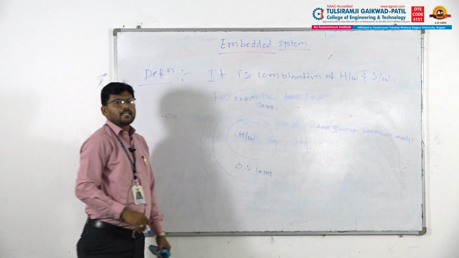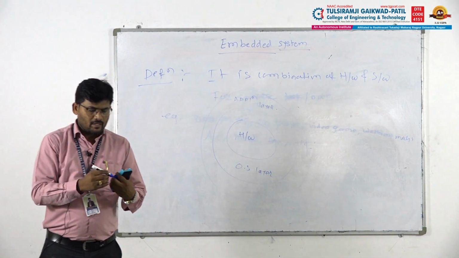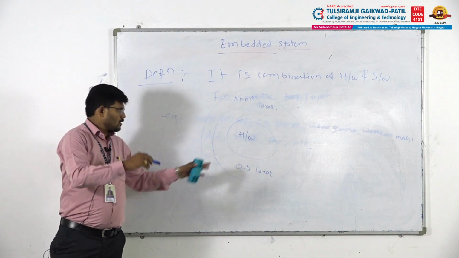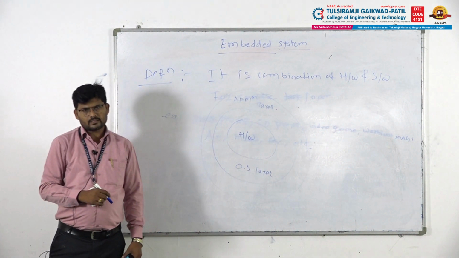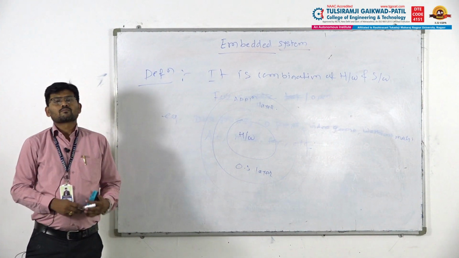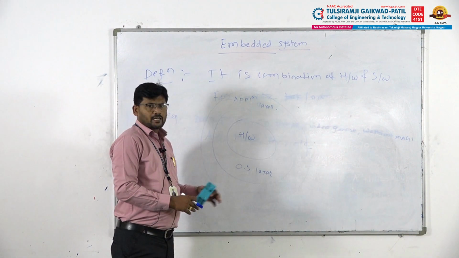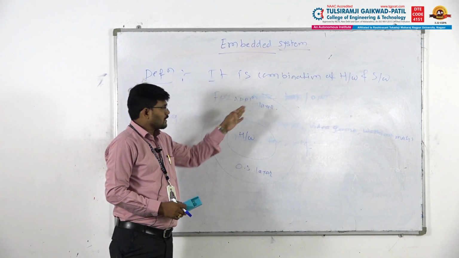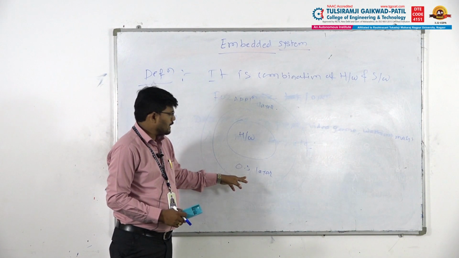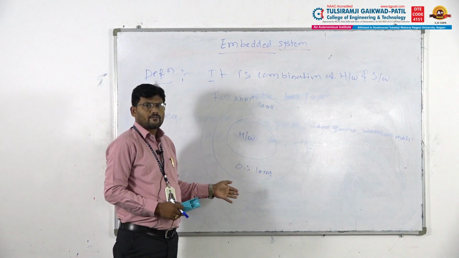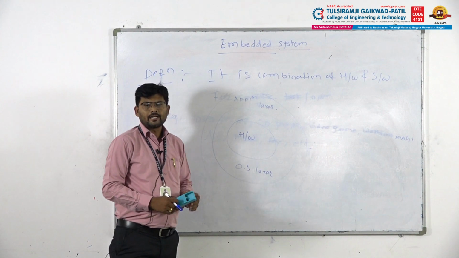It means it is made up of 3 layers. The inside layer is the hardware part, outside of the hardware is the software part or OS, and the last layer is the application layer. The application layer will run above the OS layer, and the OS layer will run above the hardware.